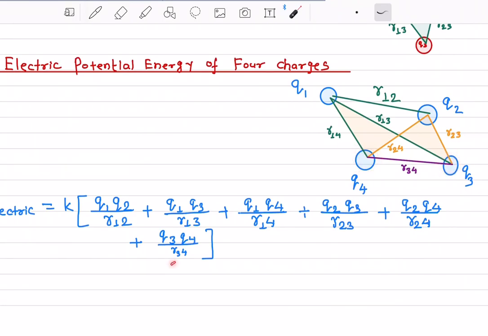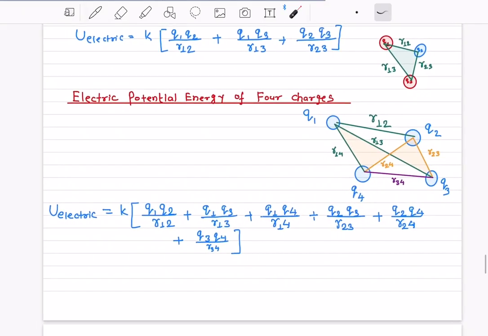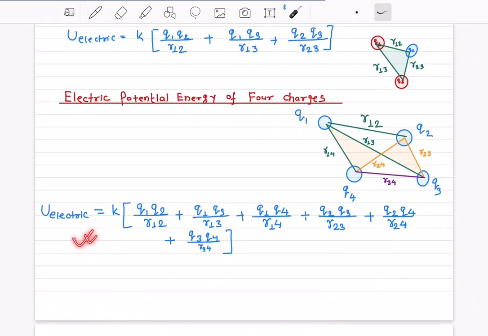And at the last, we have to take the potential energy of the system of charges Q3 and Q4, which will be Q3 Q4 divided by R34. So this is the total electric potential energy of four charges. If you have more charges, then you have to extend this process.